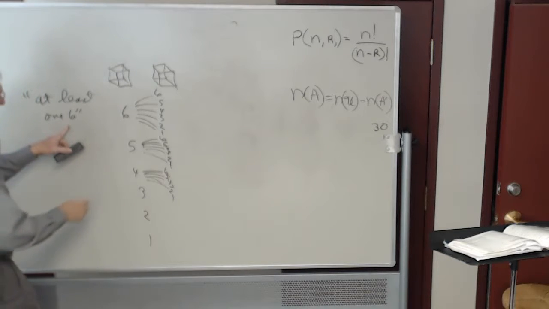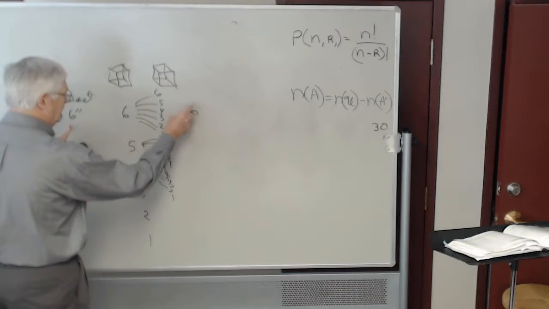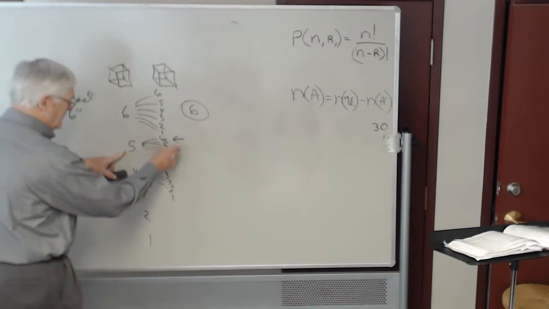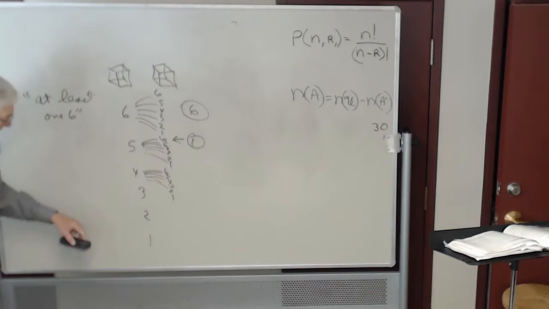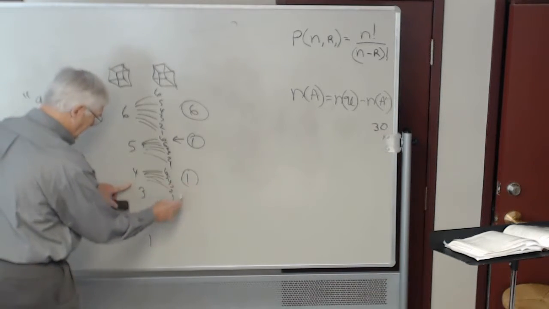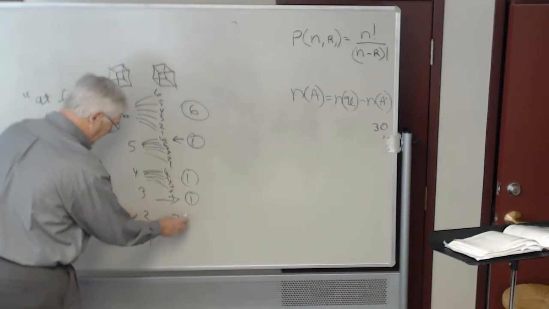So all 6 of these would have a 6. How many of these would have a 6? One of them. How many of these would have a 6? One of them. How many of these would have a 6? 1.